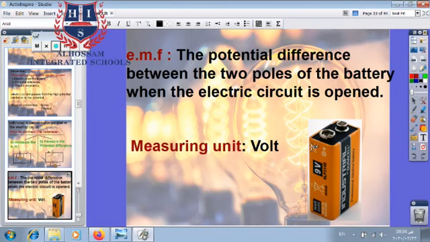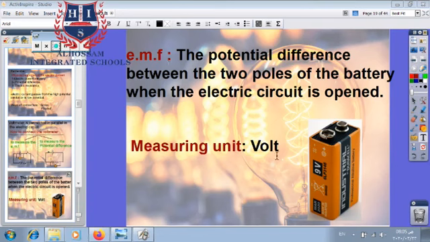If we measure the potential difference between these two poles, it will measure the EMF. But don't forget to leave the electric circuit open to measure the EMF. And what is the measuring unit of the electromotive force? Its measuring unit, like the potential difference, is the volt.